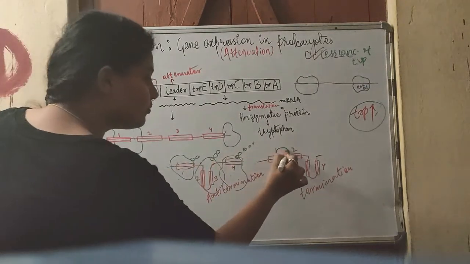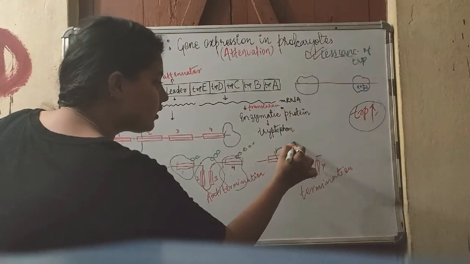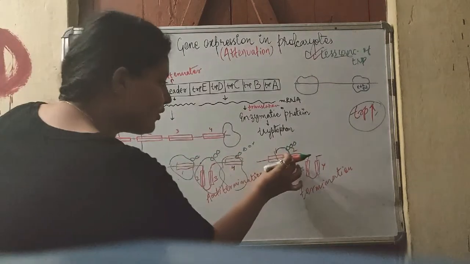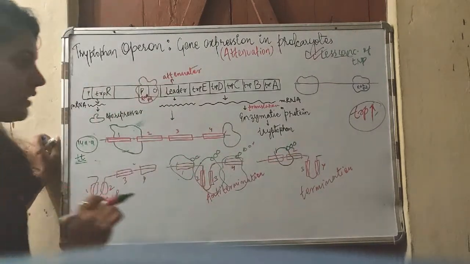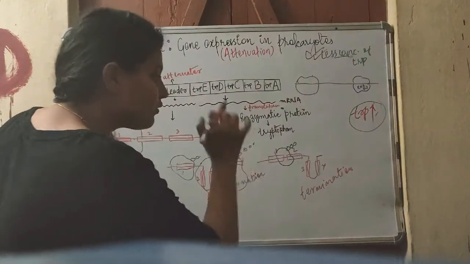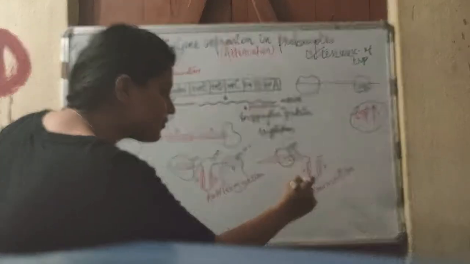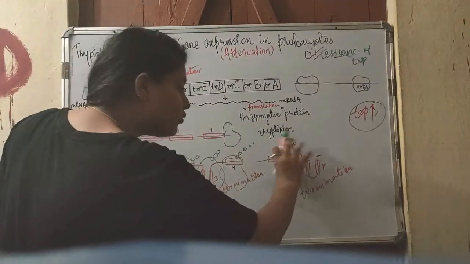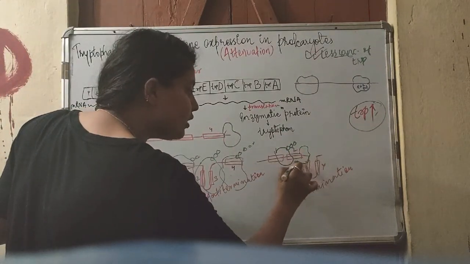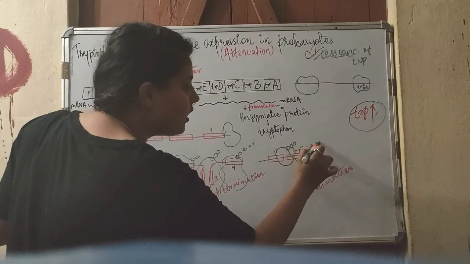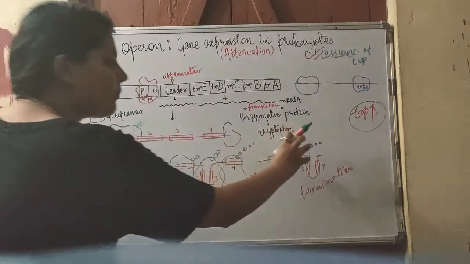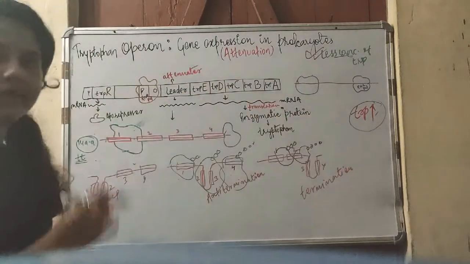Now the ribosome is continuing the synthesis of the polypeptide, and it waited here for a few microseconds, and in this process they made a hairpin. So now this ribosome will not be able to pass the termination hairpin loop, so it will stop here and the process will halt.